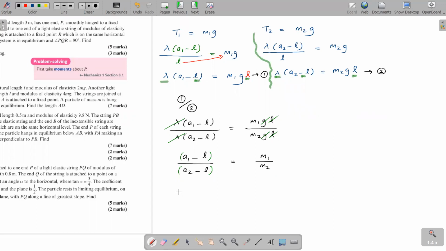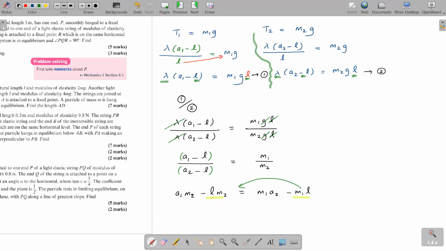Okay, so I get here A1M2 minus L times M2 equals M1A2 minus M1L. Okay, so take all the terms with L to one side. Depending, you can choose any side you want. I'll take this over here. If you want, you could take the LM2 to the other side.